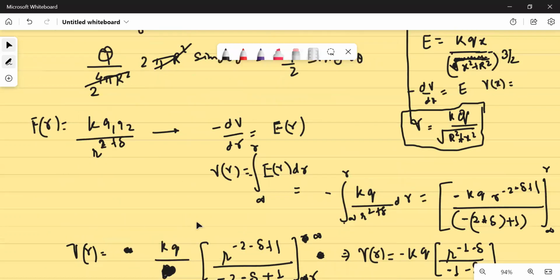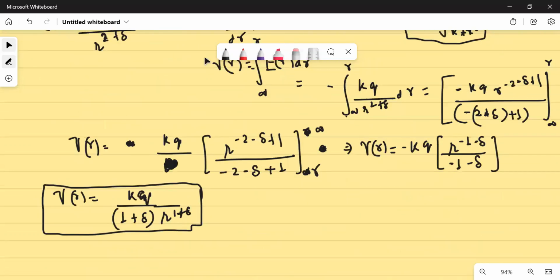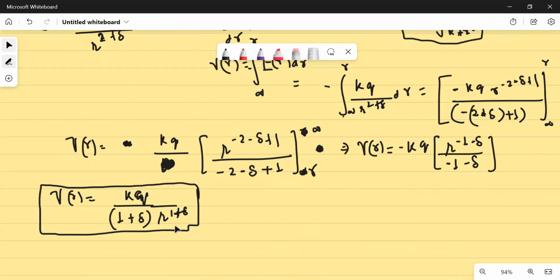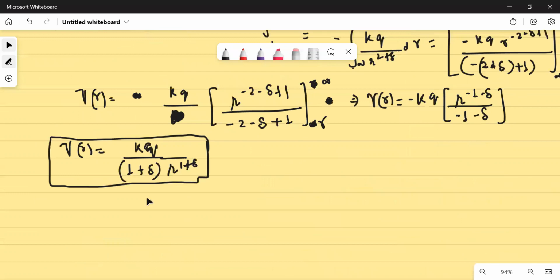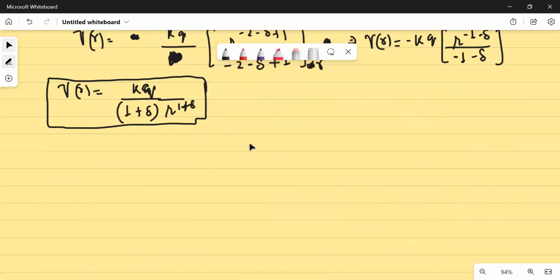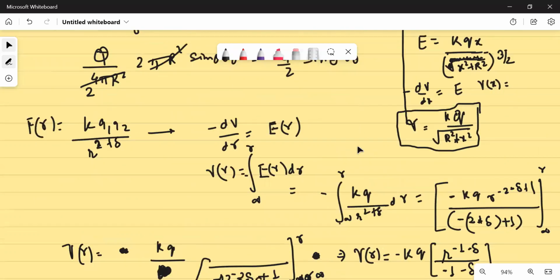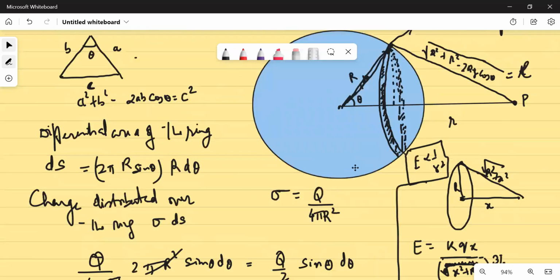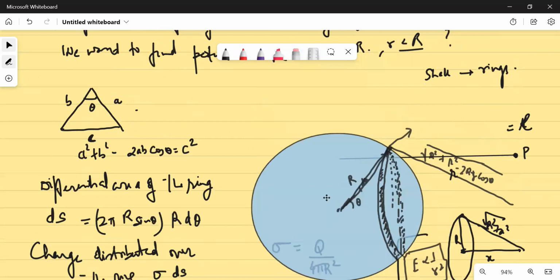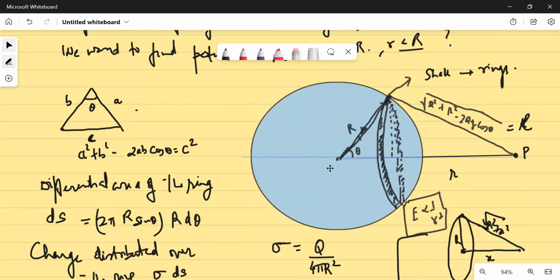So the changed potential due to a point charge would be kq upon (1 plus delta) r to the power 1 plus delta. And if this is the changed potential, now let us again do this problem. What I'll do, simply copy this stuff out. Okay, this I cannot take as a whole.